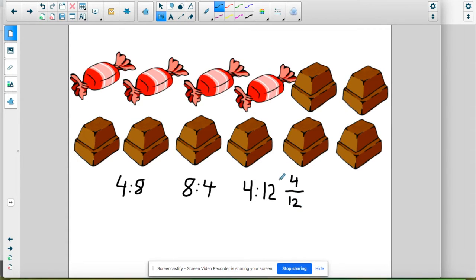If you wanted to do part to whole with the chocolates, you would say there are 8 chocolates to 12 sweets altogether, and you could write it as a fraction. Now, when you are writing it as a fraction, that only works when you're doing part to whole. When you're comparing part to part, you don't write it as a fraction.